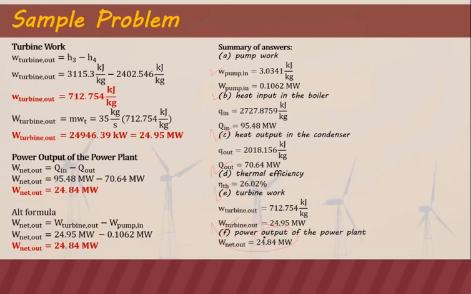That's why we cannot expect this to be 24.84 megawatts when it arrives at our homes or the consumer. So basically for this plant that we analyzed in this problem, we will expect to produce almost 25 megawatts of electricity.